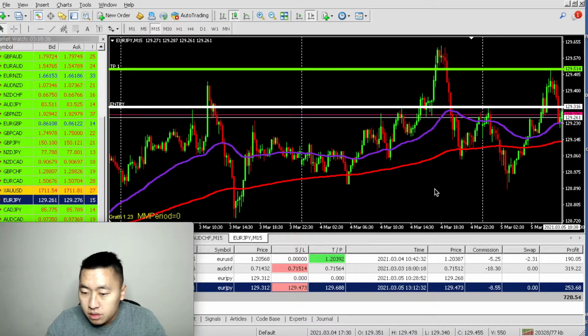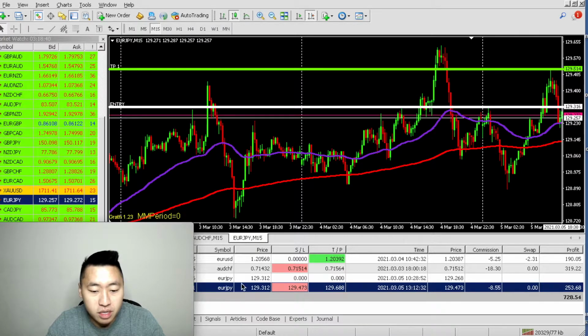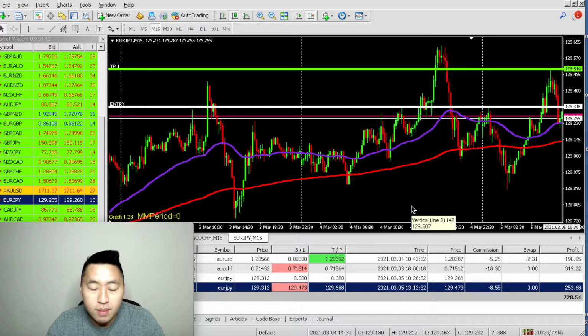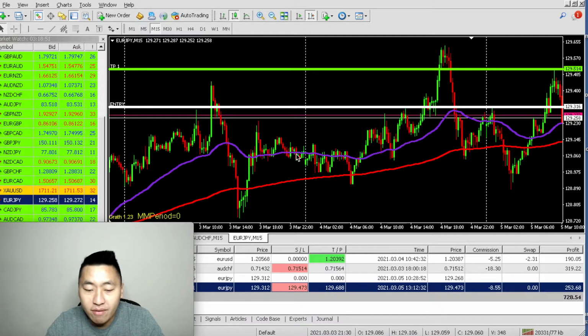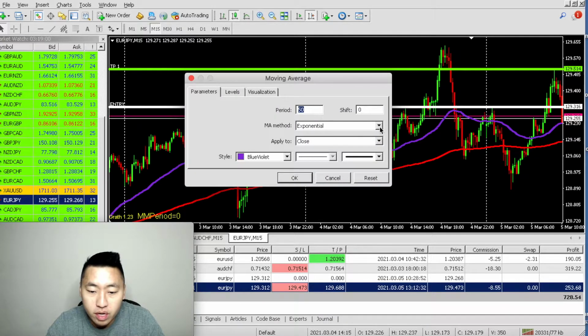Okay, so this is a trade I entered last week, Euro JPY here. Let me just walk you guys through what the moving average is. Moving average is basically the average of price closing, so you can adjust the options here. I use exponential and close. Close means that when price closes, that's what this line moves.